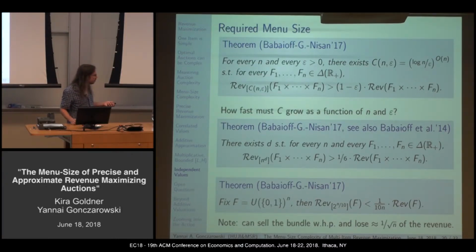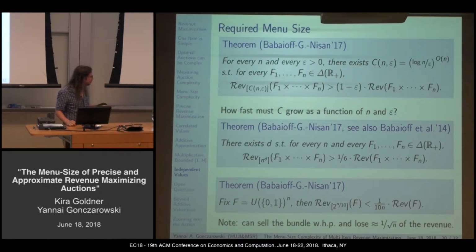Which means that with very high probability, the buyer is going to value the bundle of all items by n over 2, the expectation, minus square root of n, right? 1 over square root of n fraction, because that's how binomial distributions work.